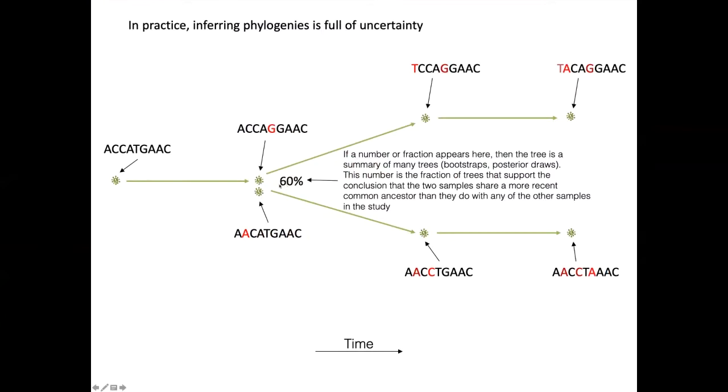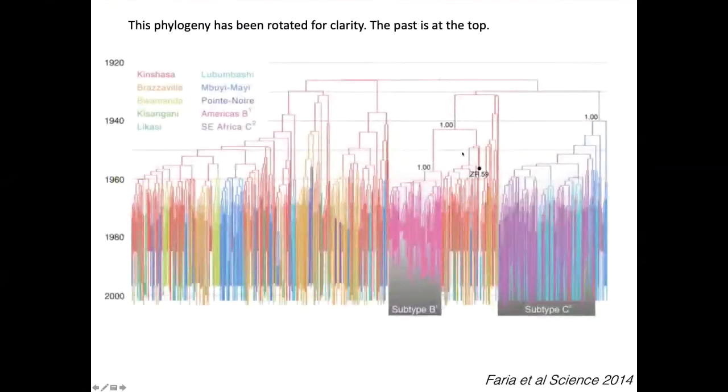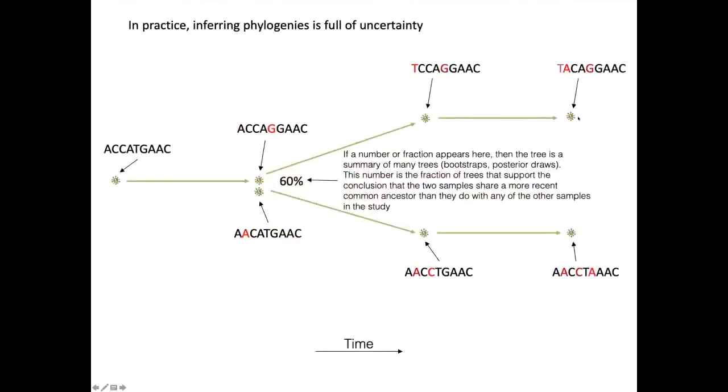In this case, I put the number 60%. What this 60% means is that in 60% of all of the trees that you've looked at, this common ancestor was found: there was an ancestor of only these 2 viruses, which is more recent than any of the other viruses in the sample.